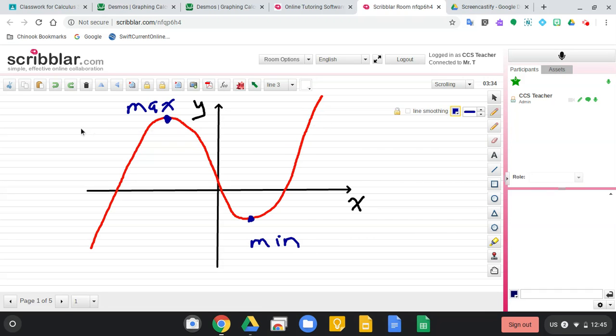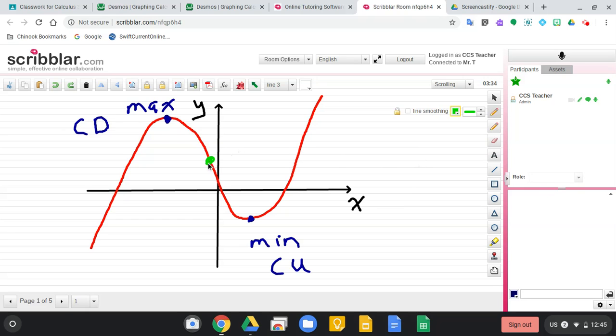So on the left, I started with a section that was concave down, and I'm going to abbreviate that capital CD. And over here, I have a section of the graph that is concave up. I'm going to abbreviate that capital CU. So that means at some point, our concavity had to have changed.